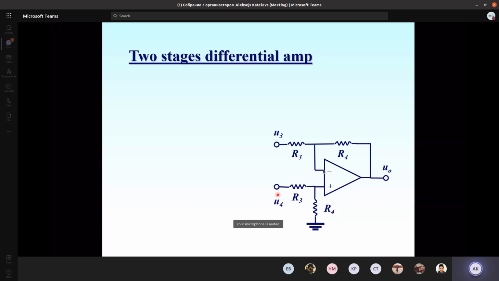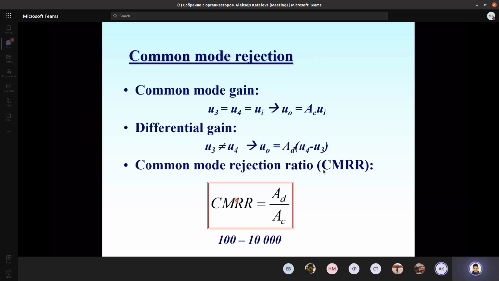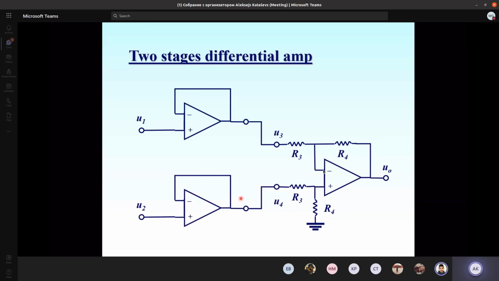Which circuit should we add here before our signal source will be connected to the inputs? So we need to add something here. A follower. Followers, exactly. We may add followers here. So if we add followers, we actually have an infinite resistance for both inputs, both for inverting and for non-inverting.